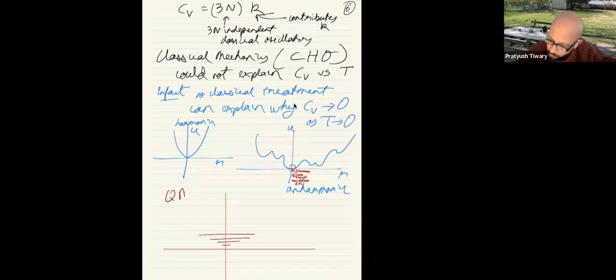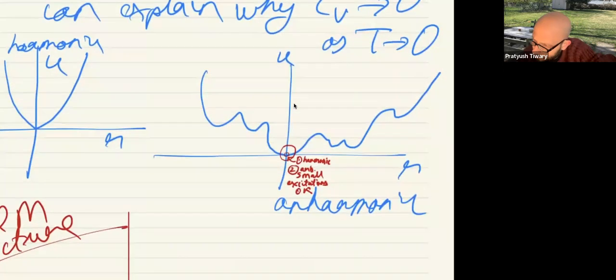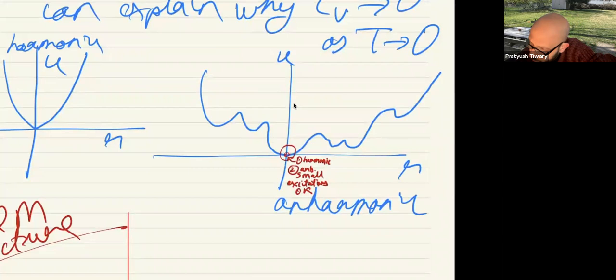So the quantum mechanical picture says that you have these eigenvalues, where we call this the n equals 0 eigenstate, which still has a ground state energy, and we will talk about that. In the classical picture, you could exist here, here, here, right? You could take arbitrarily small excitations in energy and you will be fine.